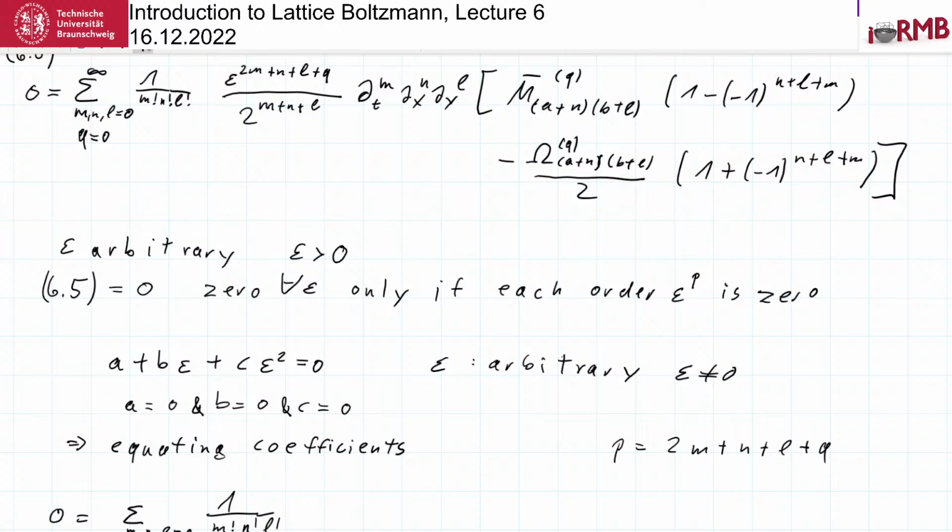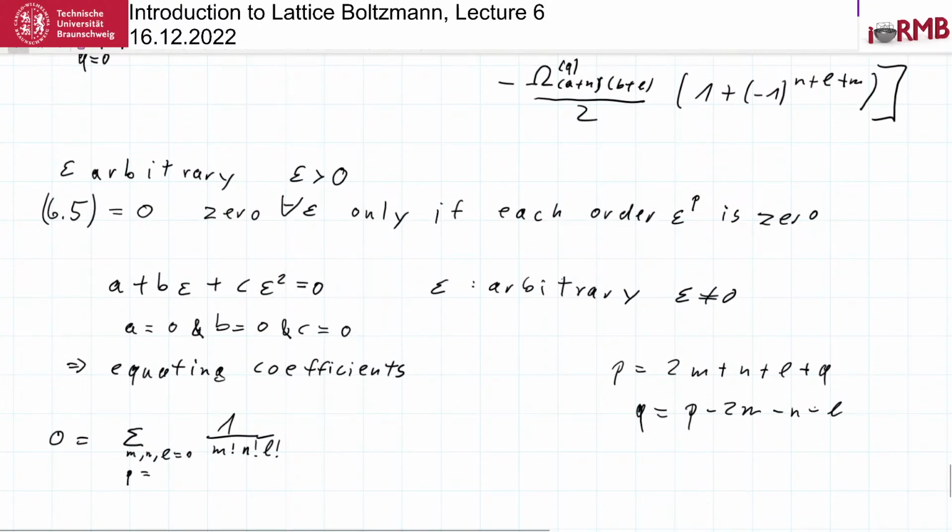So then we can express q as being p minus 2m minus n minus l, right? So this we call q.